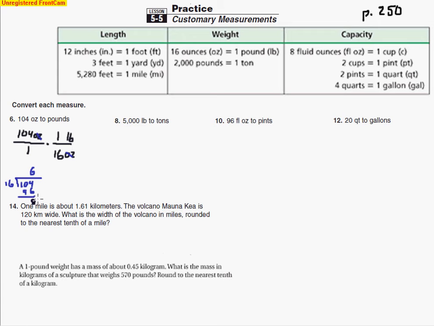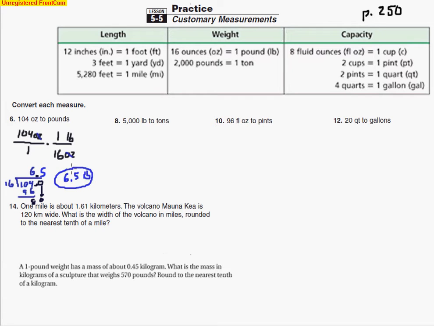We put up a decimal, bring down a 0, and 16 does go into 80. It should go in 5 times. 5 times 6 is 30, and 5 times 1 is 5, plus 3 makes 8. Yes, that works. So there it is, 6.5 pounds is what we're left with, and that would be our answer.